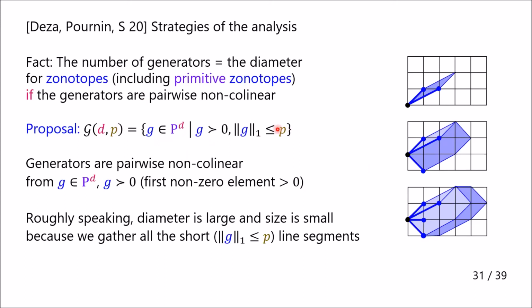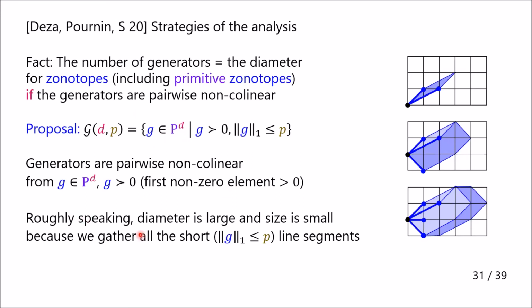Here, p is a positive integer, a parameter controlling the size of this set. That is the number of primitive points contained in this set. And we see that the resulting generators will be pairwise non-collinear from the fact that each endpoint is primitive and this condition. And this condition means that the first non-zero element of g is positive.